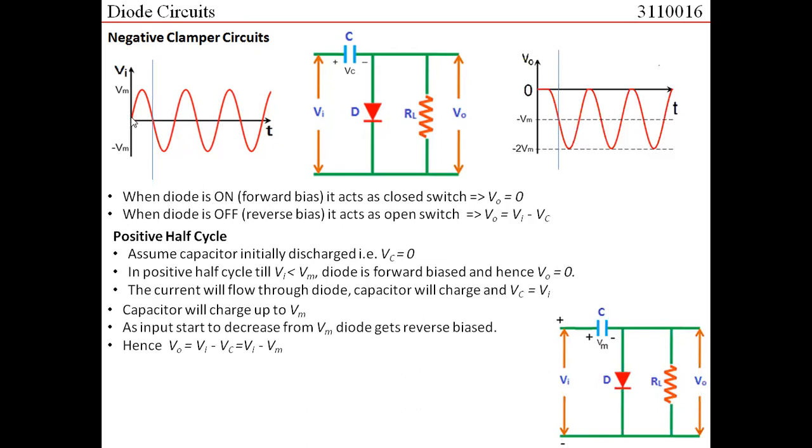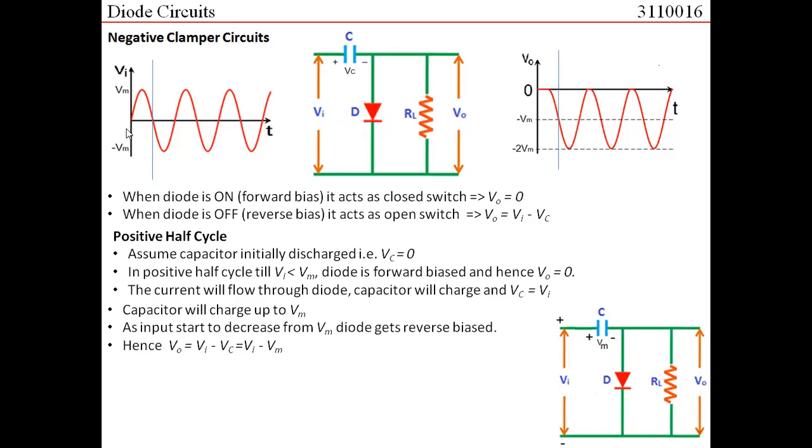So after the input voltage crosses Vm, the diode would go into a reverse bias state. And as soon as the diode goes into a reverse bias state, what would be the output voltage? Now output voltage would be equal to Vin minus Vc. What is Vc now? The voltage across the capacitor is now equal to Vm. So the output voltage would be equal to Vin minus Vm.